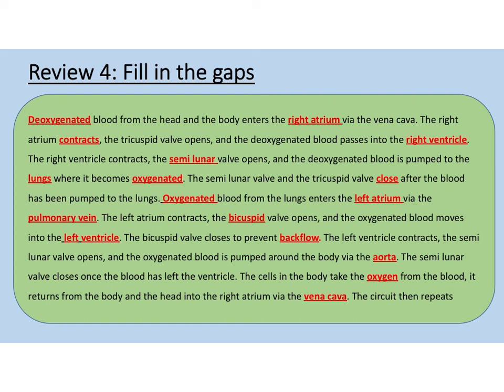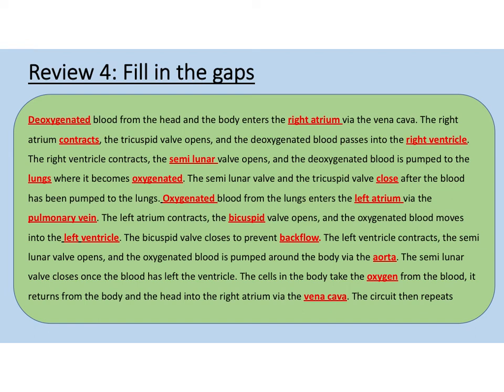The right atrium contracts, the tricuspid valve opens, and the deoxygenated blood passes into the right ventricle. The right ventricle contracts, the semilunar valve opens, and the deoxygenated blood is pumped into the lungs, where it becomes oxygenated. The semilunar valve and the tricuspid valve close after the blood has been pumped to the lungs.